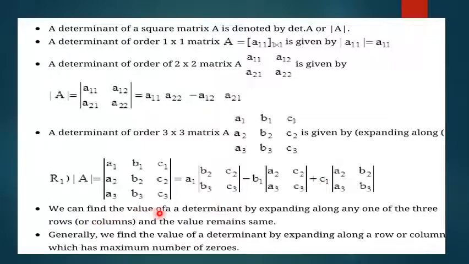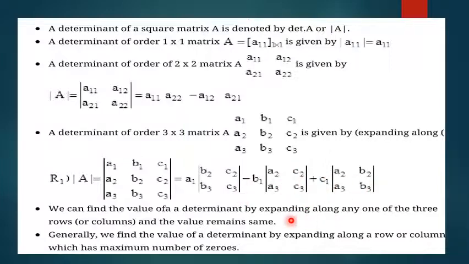We can find the value of a determinant by expanding along any one of the 3 rows and the value remains the same. So you can expand the determinant by any one of the rows. Here we have taken A1, B1, C1. You can even take A2, B2, C2 or A3, B3, C3, and accordingly you write the determinants.